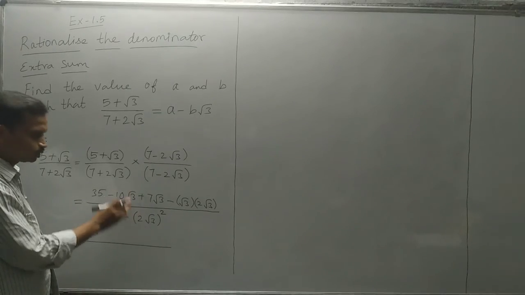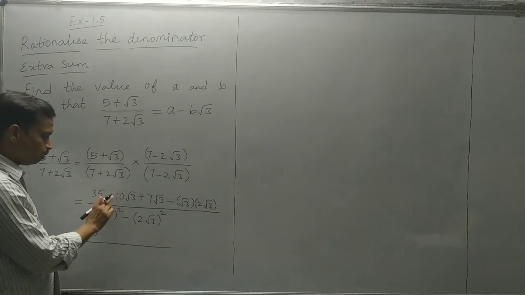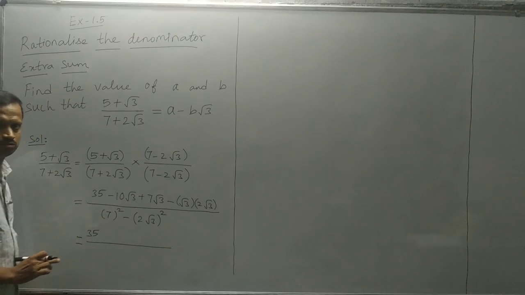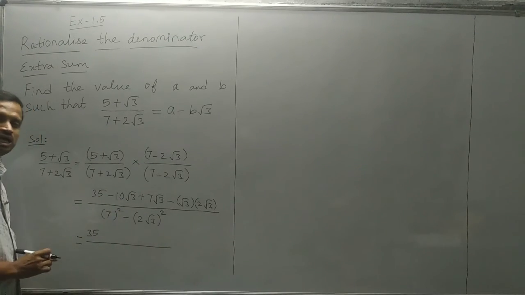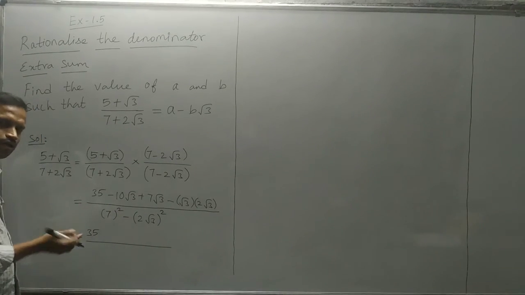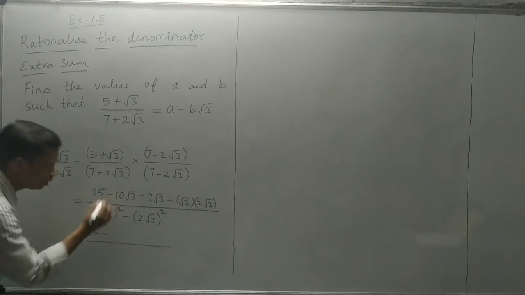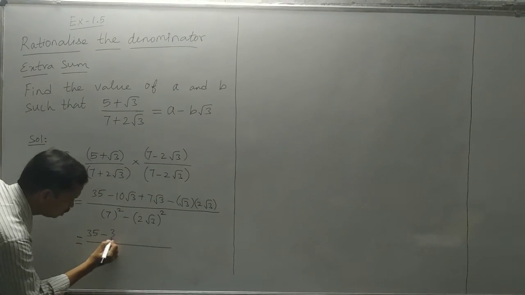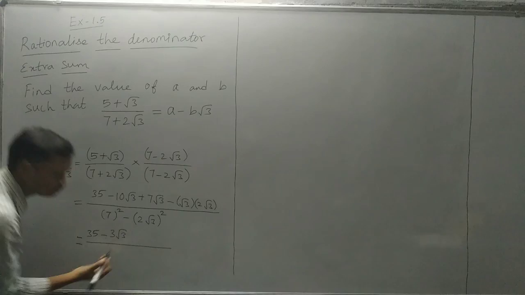So both are root 3 terms. So minus 10 plus 7. What is the value of minus 10 plus 7, which is bigger? Minus 10. So minus, the difference of 10 and 7 is 3. So minus 3 root 3. Clear?